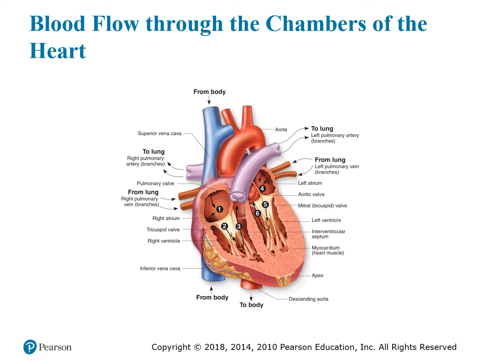So from that inferior vena cava, remember, we're just following one drop of blood. From the inferior vena cava, we go into the right atrium. From the right atrium, we go through the tricuspid valve into the right ventricle. From the right ventricle, we go up through the pulmonic valve into the pulmonary trunk, into the pulmonary arteries. Now, this blood is still deoxygenated at this point, but this is a pulmonary artery because arteries carry blood away from the heart.